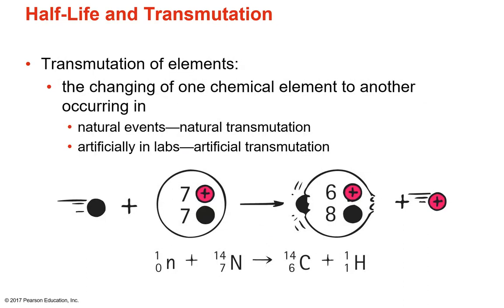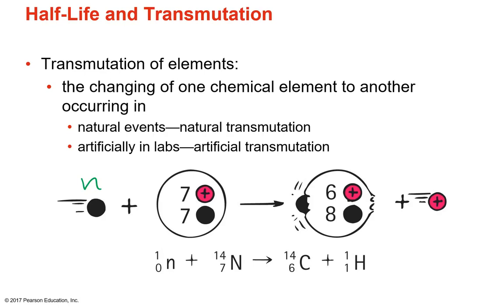So here is how carbon-14 is created in the atmosphere. It's a transmutation. Now, this is a radioactive relationship, but it's not a decay initially. You have a neutron that came from the sun that hits a nitrogen atom. The air is 79% nitrogen molecules, so lots of nitrogen up there.